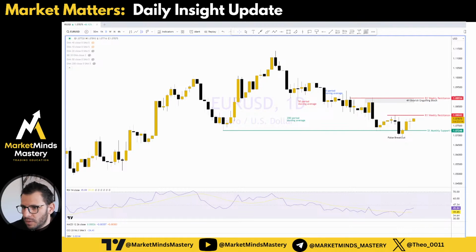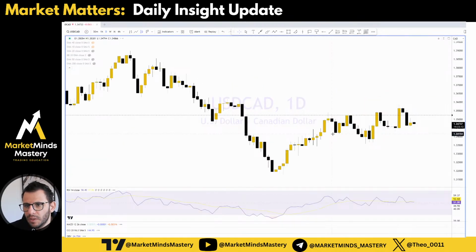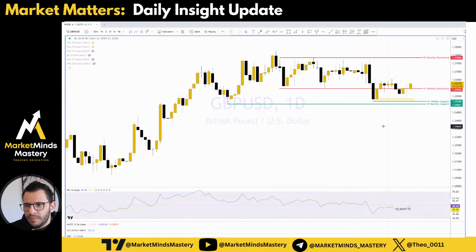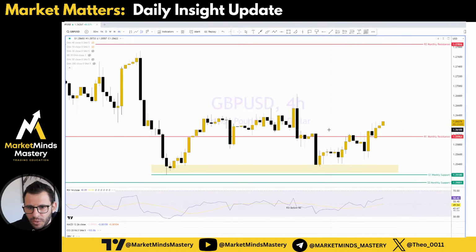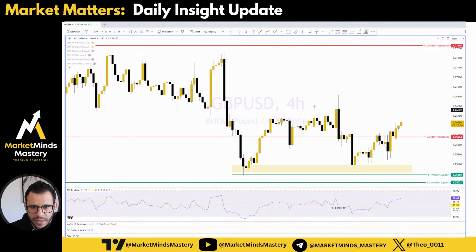Okay. Sterling, or pound US dollar. Another one, we are looking mainly for some bullish opportunities. The price is diving into this area of resistance now.